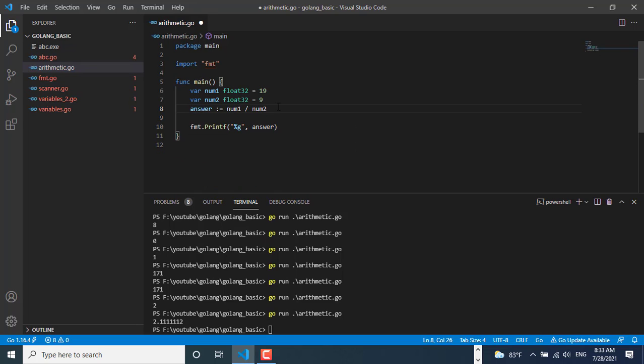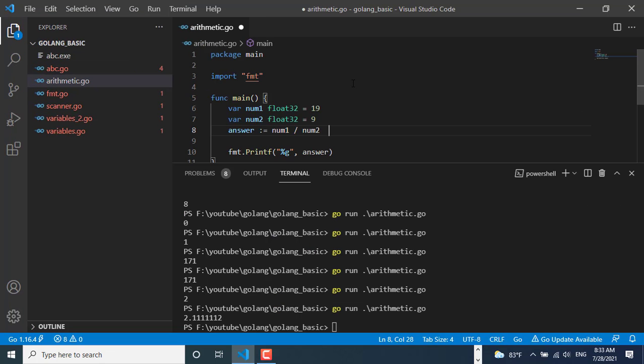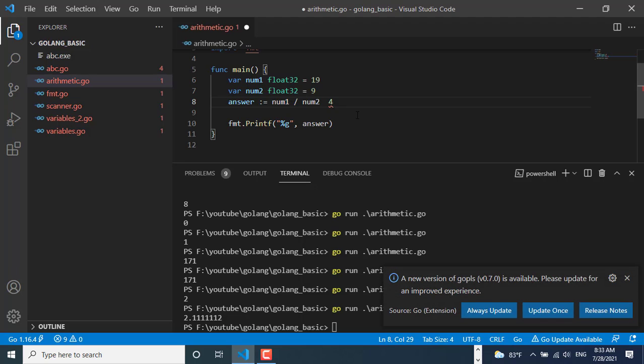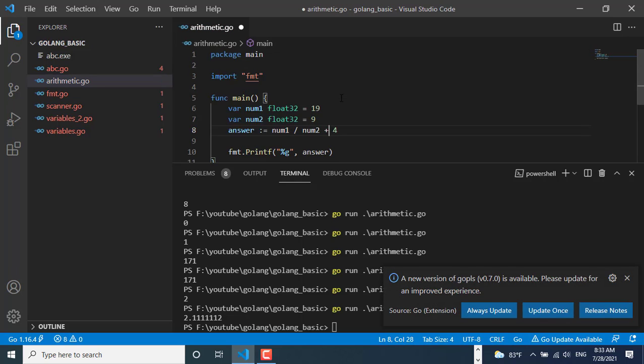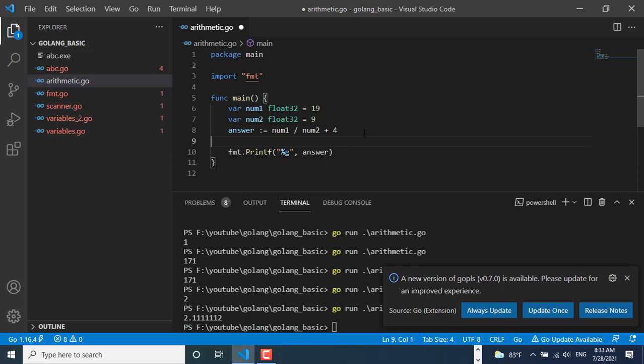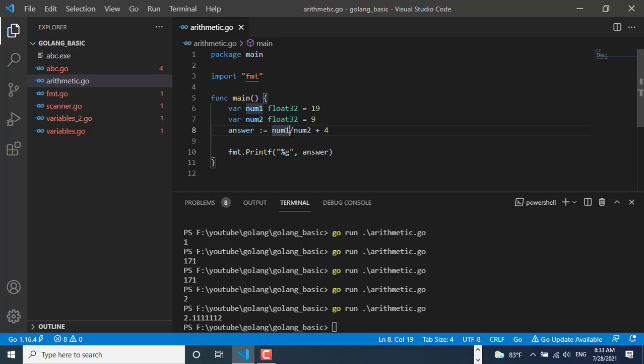That means if I do like this, then according to BEDMAS, it will follow division first, then after that addition 4.